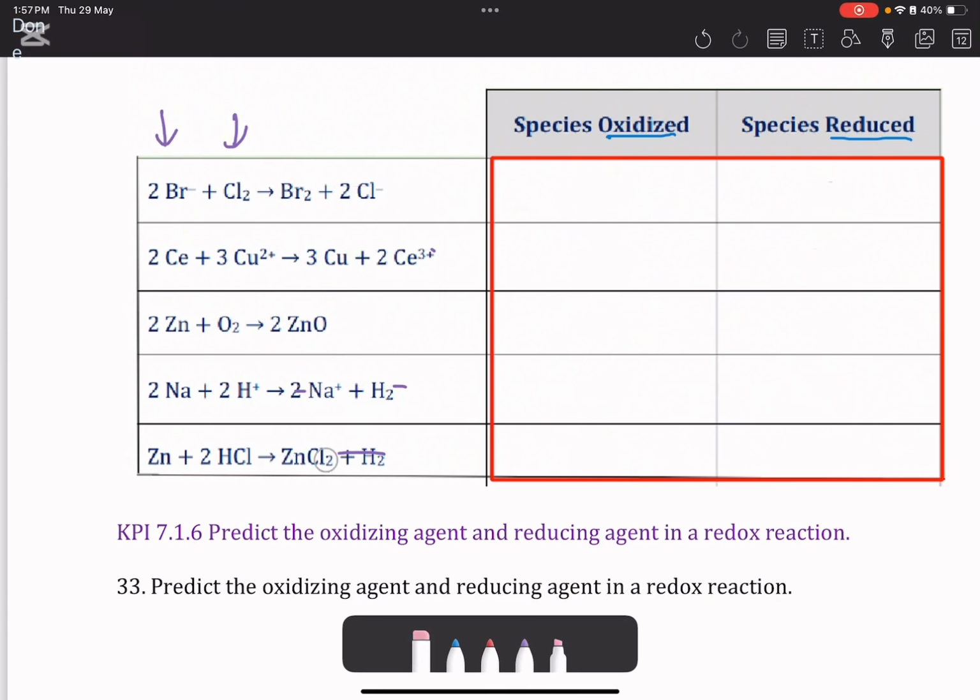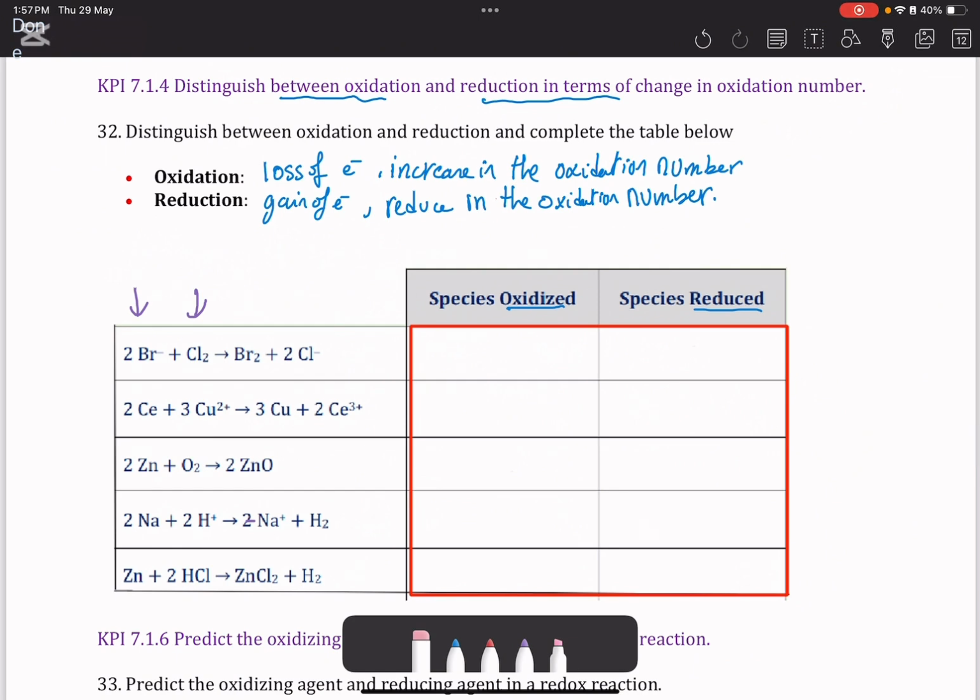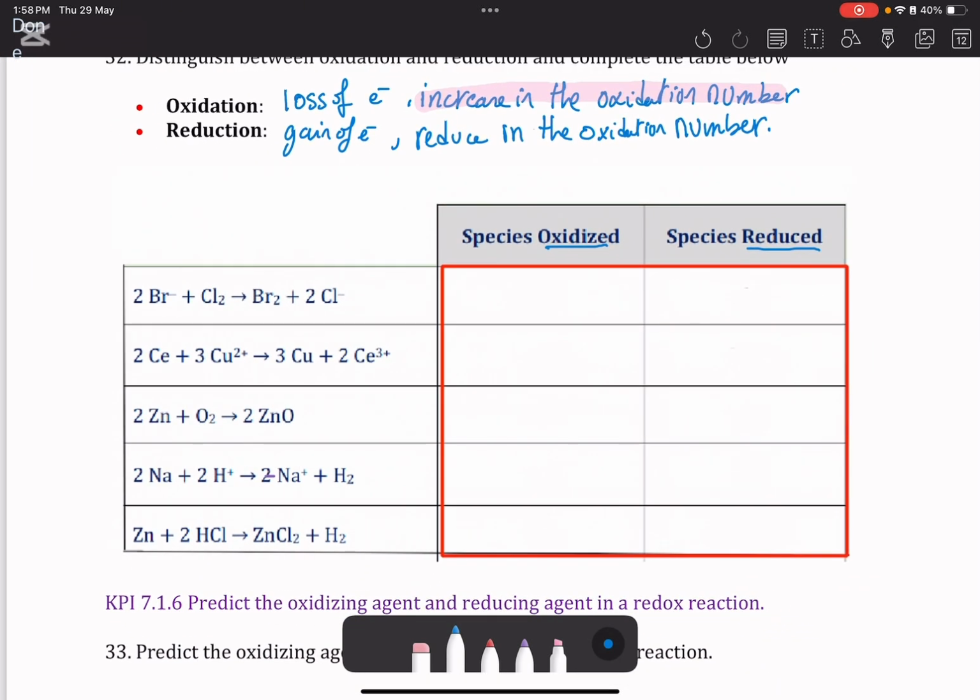So that's it. Now, how to know the species oxidized and the species reduced? Since you know the oxidation number, check which substance is having an increase in the oxidation number or which substance has a reduction or decrease in its oxidation number. Once you know this, then you know which one is reduced and which one is oxidized.